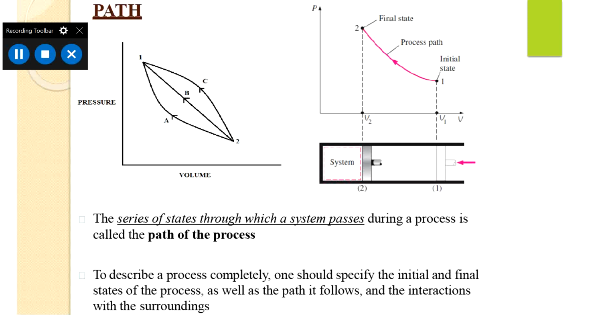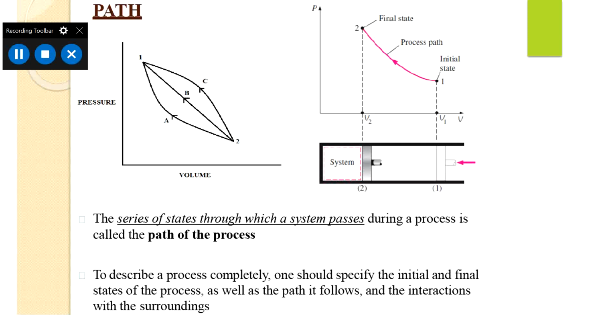Consider this system with a piston here. When we apply some force, the volume of the system changes from V1 to V2, and when the volume decreases, the pressure of the system increases.